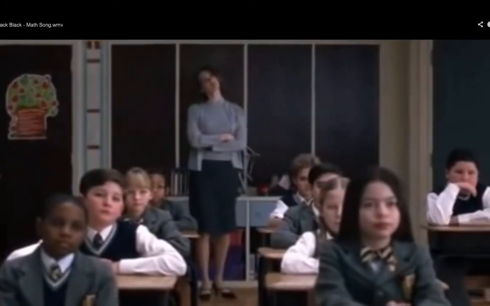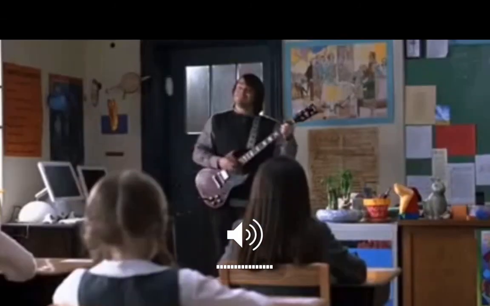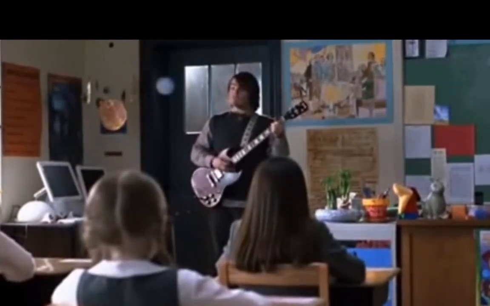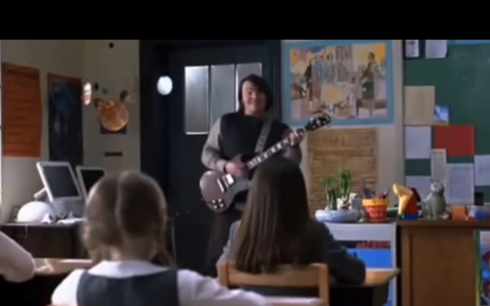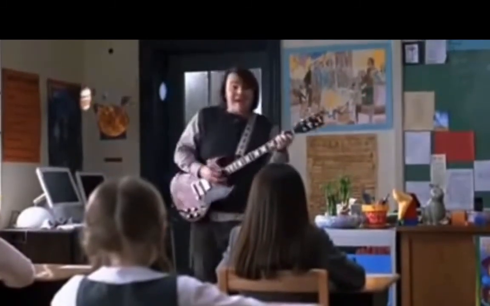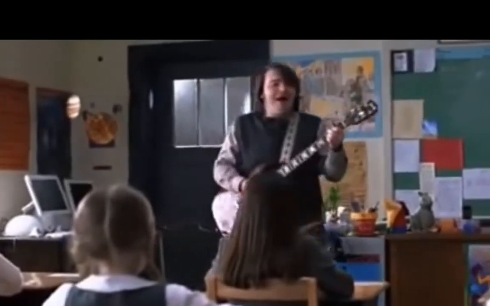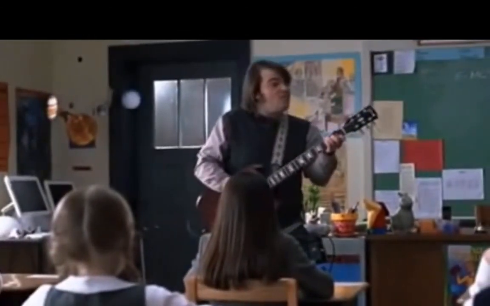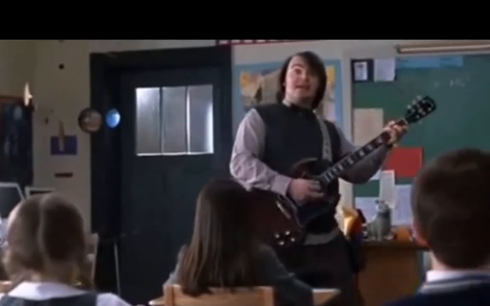Math is a wonderful thing. Math is a really cool thing. So get off your ass, let's do some math. Math, math, math. 3 minus 4 is... -1. That's right. And 6 times a billion is... 6 billion?